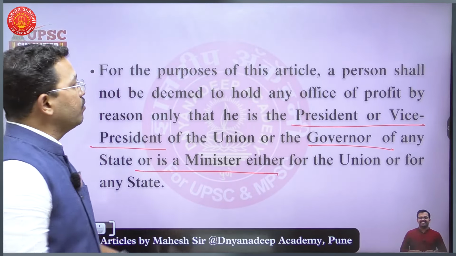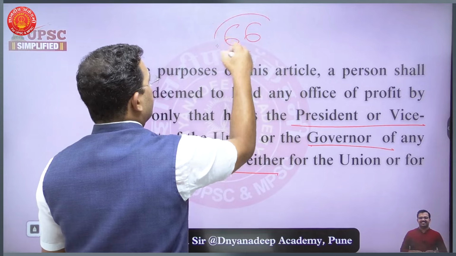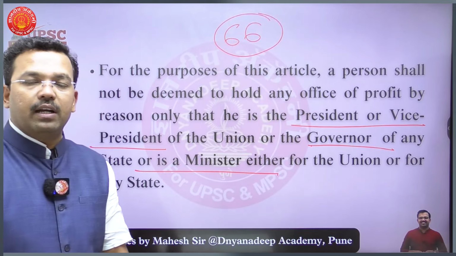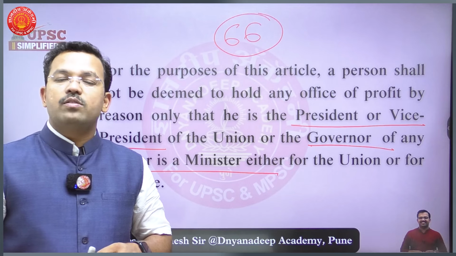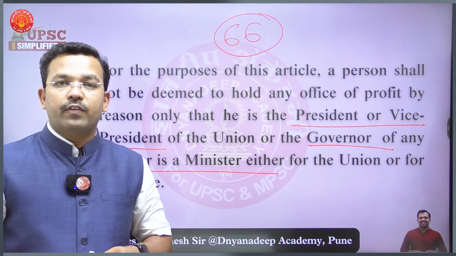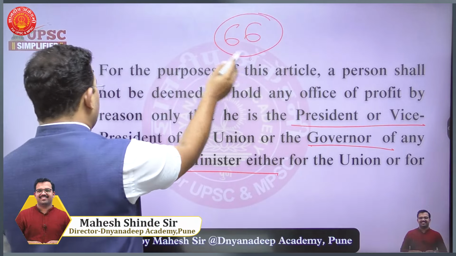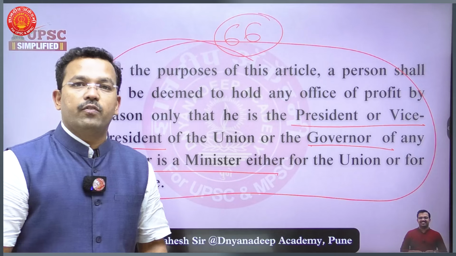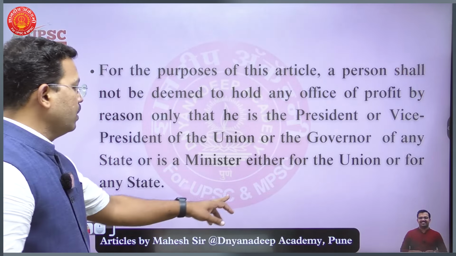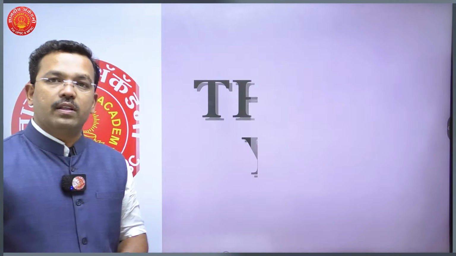So for Article 66, the office of President, Vice President, Governor, and minister in the center or state will not be treated as an office of profit. So basically remember, all these things that we are discussing here will not be called an office of profit for the purpose of Article 66. This is the most important thing which you have to remember.